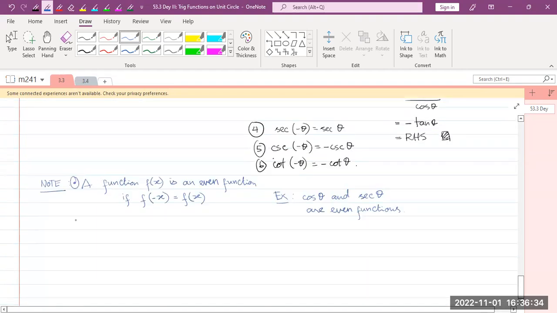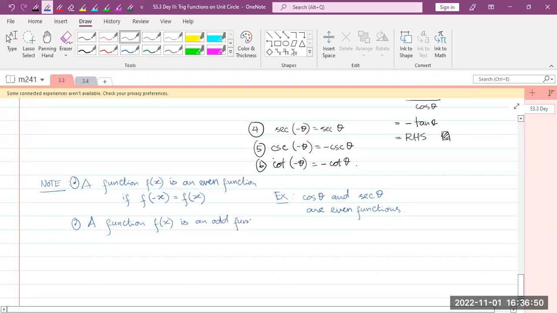Similarly, a function is called an odd function. You don't really need this definition now, even odd functions thingy. But when you go to pre-calculus later on, then we will talk about this a lot.